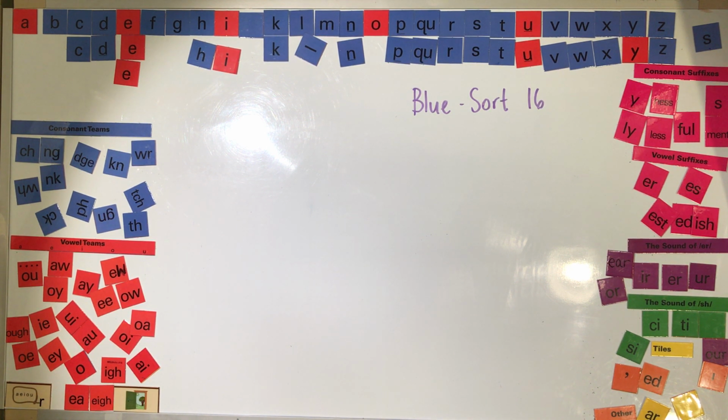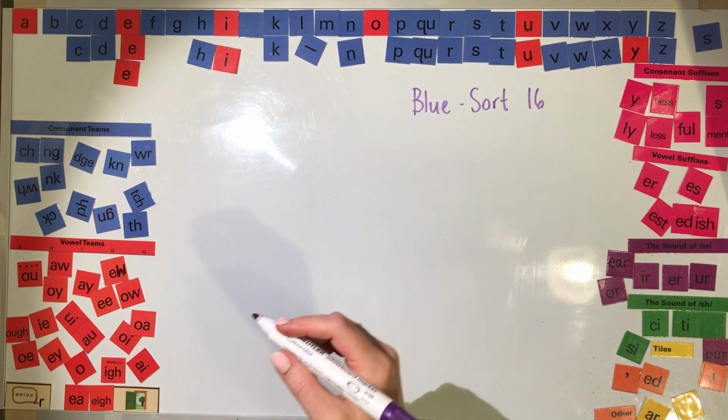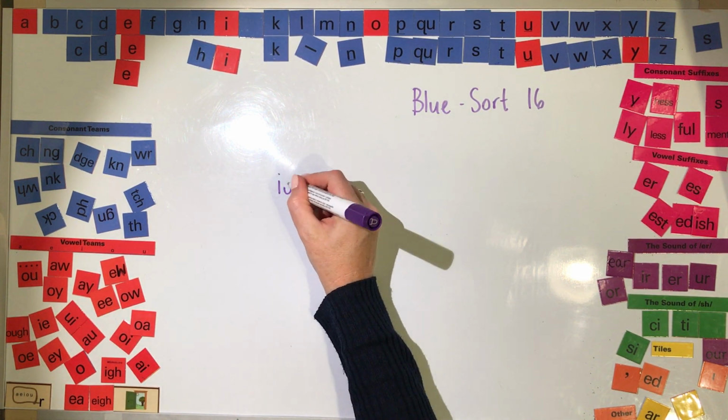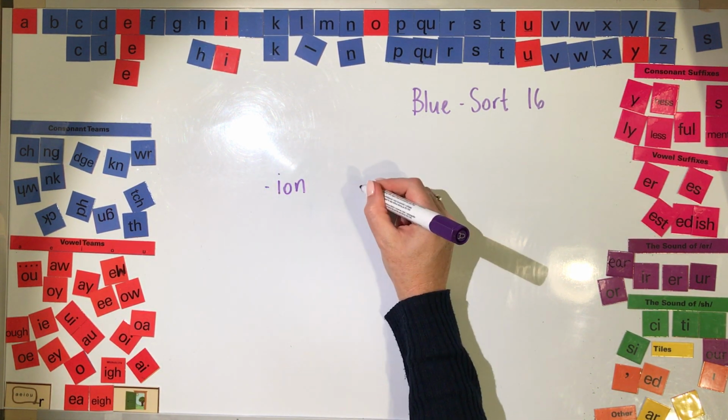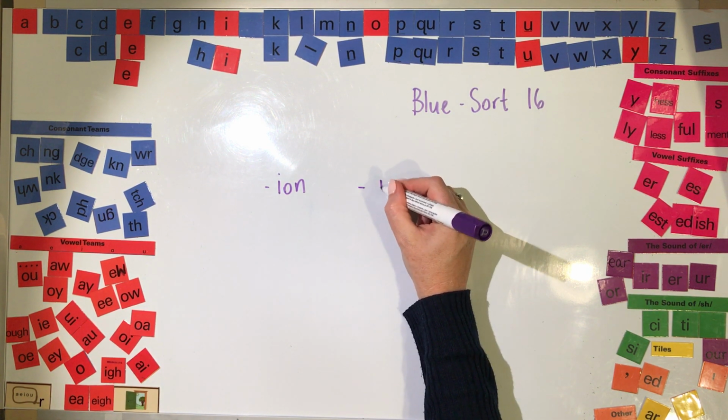Right, so we are continuing on with our adding ION, but it gets a little bit more interesting this week. Last couple of weeks we've just been adding ION, and we've been adding IAN.